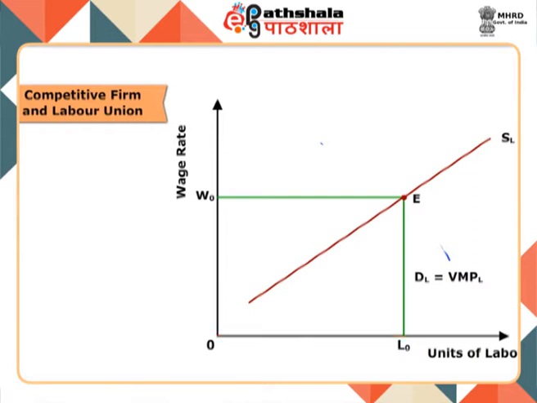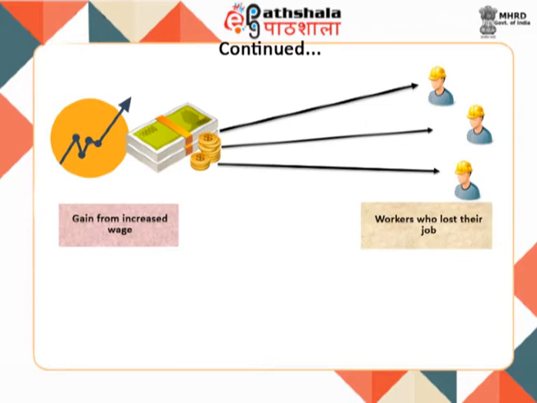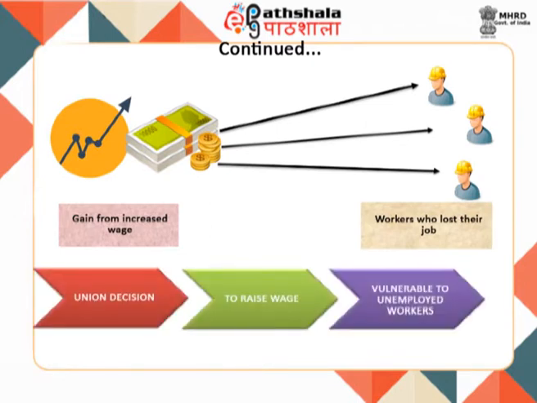This is the highest amount of labor a firm can hire. Unless the gain from the increased wage is distributed among the workers who lost their jobs, the labor union's decision to raise the wage will become vulnerable to them.